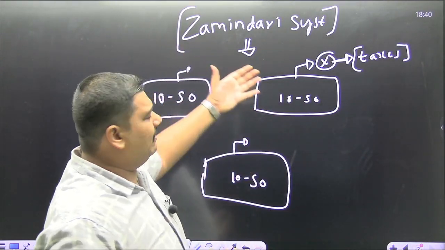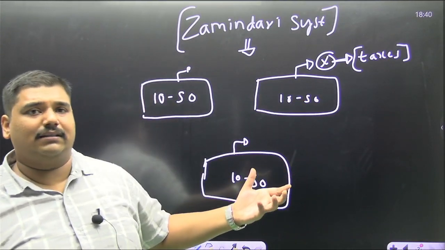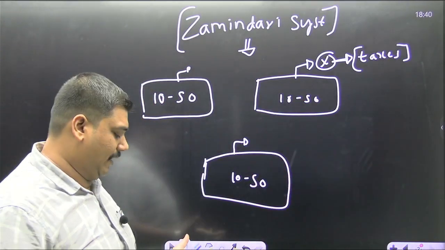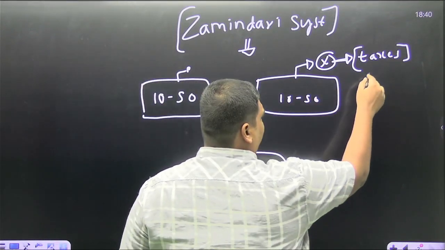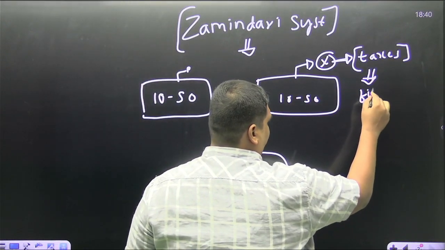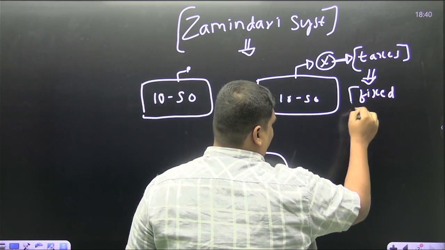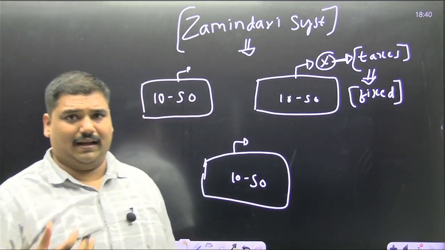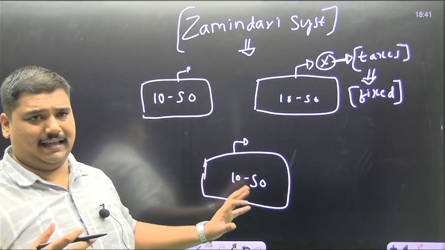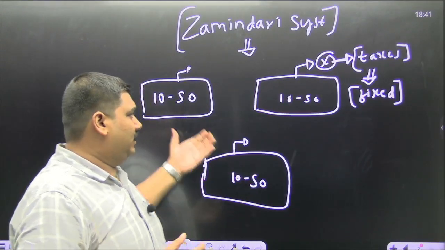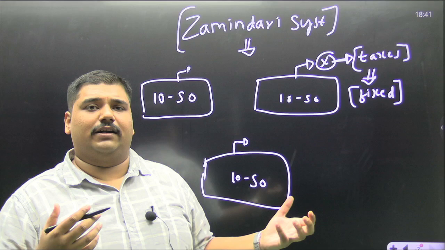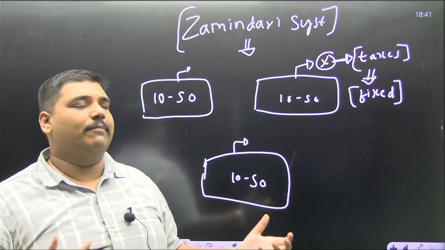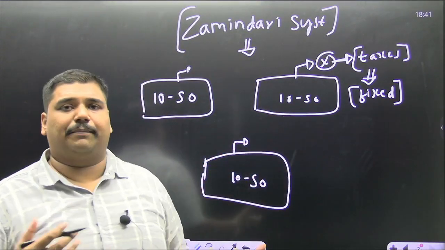Now, why do we also call zamindari system the permanent settlement system? It is because the taxes were fixed. The Britishers didn't take into account the climatic adversities, neither did they care about the agricultural produce. It was of no matter to them how much the villagers produced.